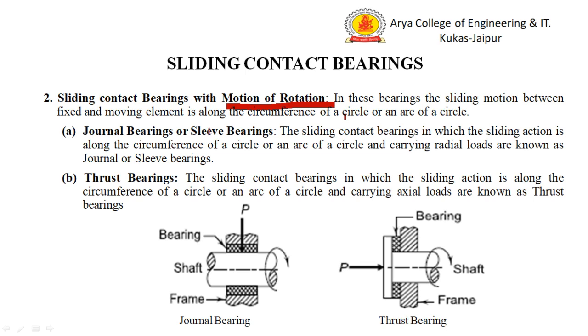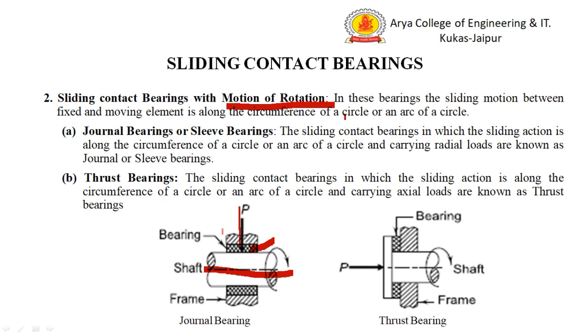If it is a radial bearing, it means that load is perpendicular to the axis of the shaft, as we discussed earlier, and also the sliding is along the circumference of a circle. This is the shaft and this is the bearing, and sliding takes place along the circumference of the circle.